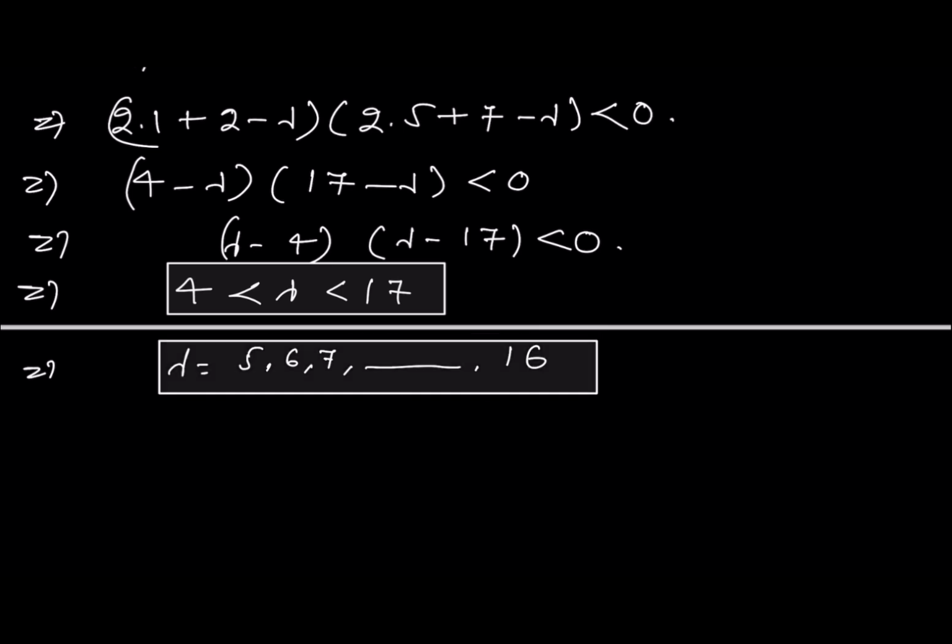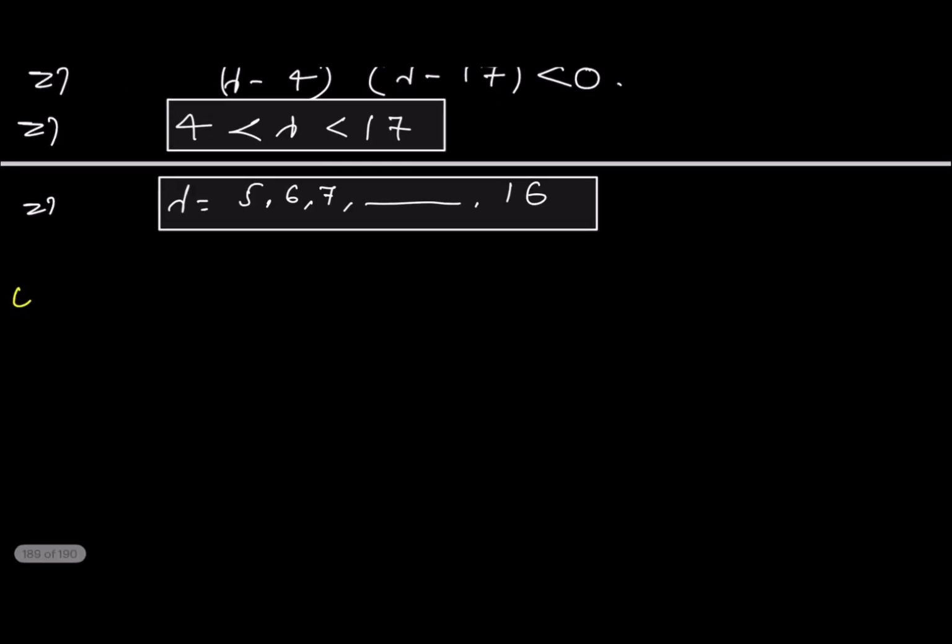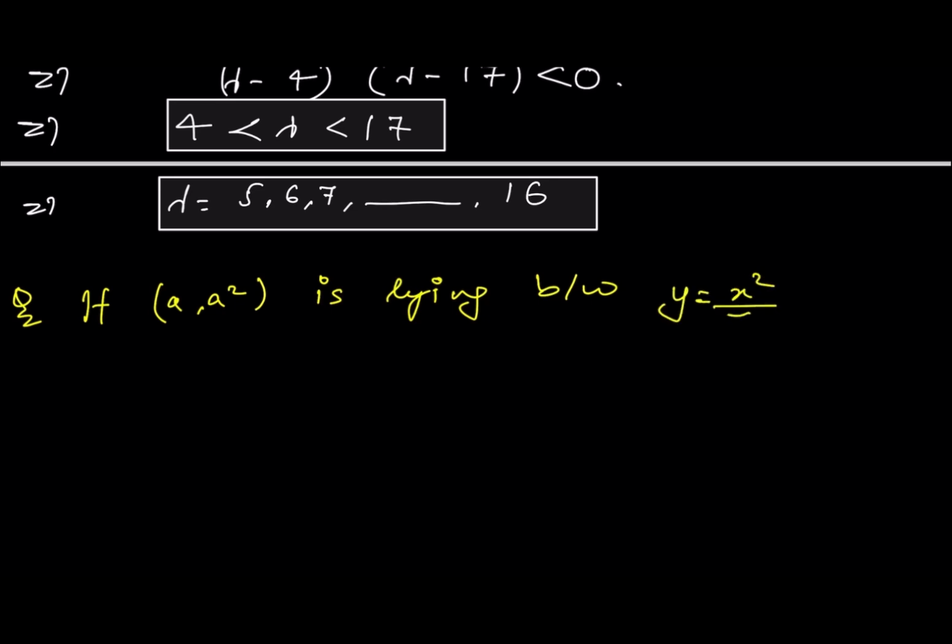Now let us take one more question based on the concept discussed. If a comma a square is lying between y is equal to x square by 2 and y is equal to 3x, then a belongs to what?